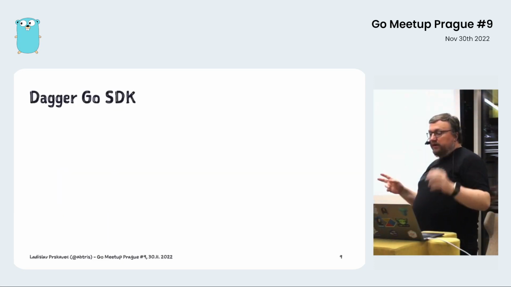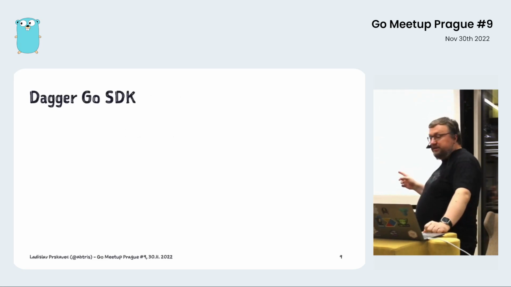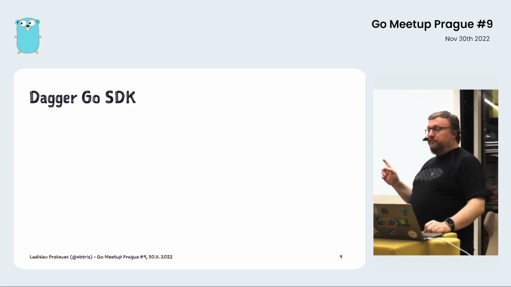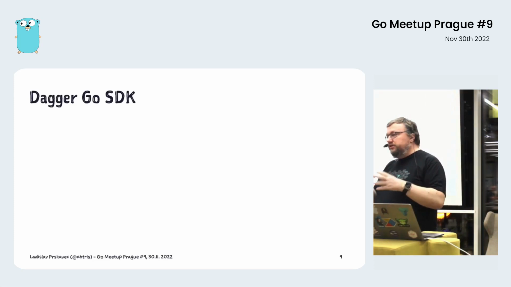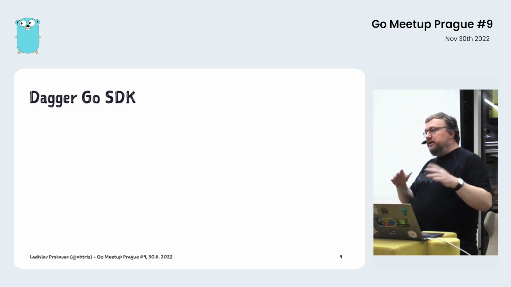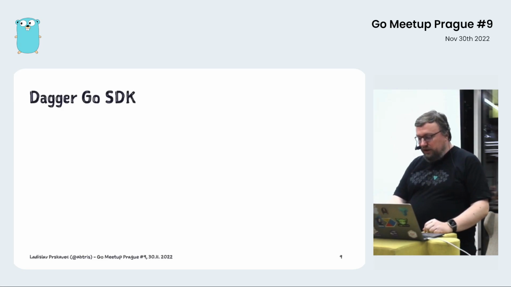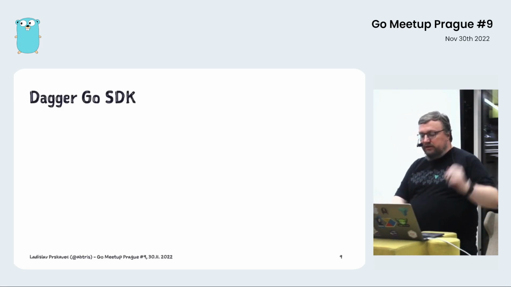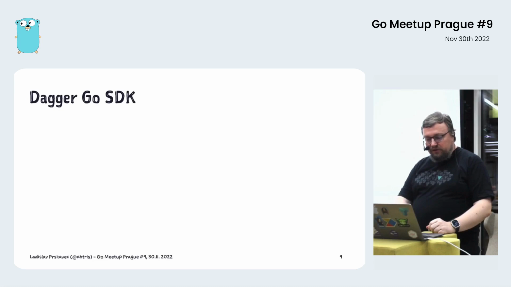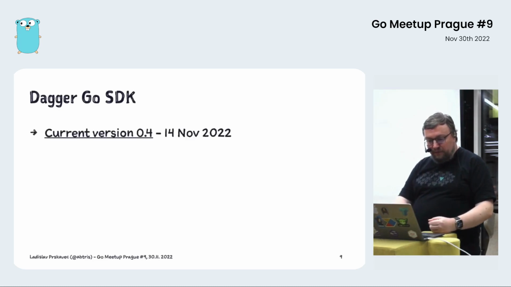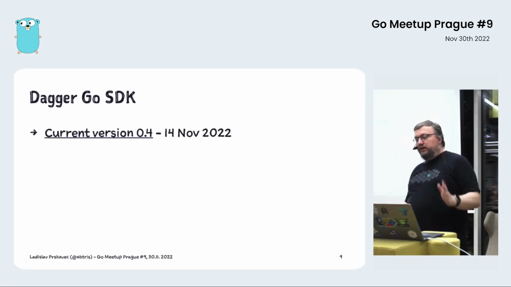Back to the Dagger Go SDK. One big dependency is Moby BuildKit. If you are familiar with Docker libraries, there are a few of them. This one uses BuildKit, one previous project that Solomon Hykes worked on, and they're using that. The current version is 0.4. It's still a technical preview, all those SDKs.